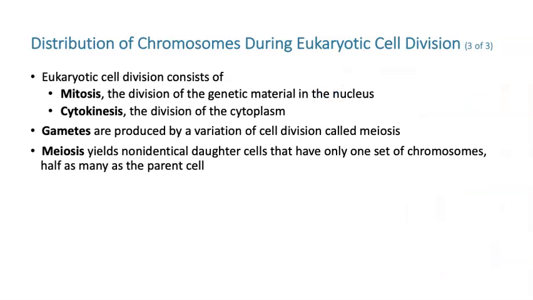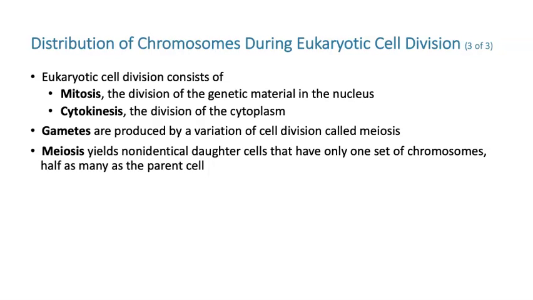All right, so again, just focusing here on eukaryotic cell division, and we're going to talk about the cell cycle too, but within this concept of the cell cycle, we have the division process, which is called mitosis. And this mitosis process really just focuses on what happens to the genetic material. But of course, the cell itself has to separate as well.